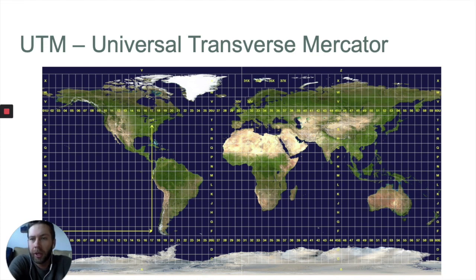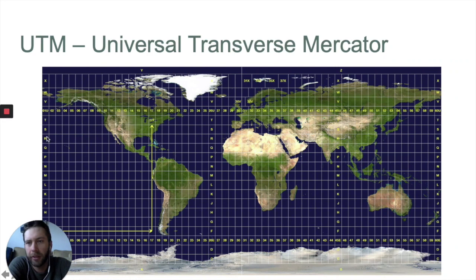Okay, so you can see over here on the y-axis, that is going to be our alpha axis, so alphabet, going up and down the y-axis, and then on our x-axis, we have our numeric. Okay, so on this graphic, they were looking at the zone of 17T, so that's probably the Chicago area. I live in Colorado, so I know that my zone is 13S right over here.